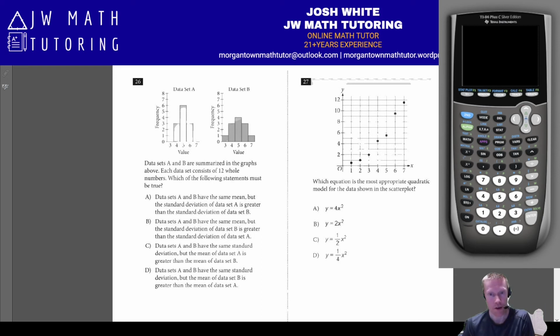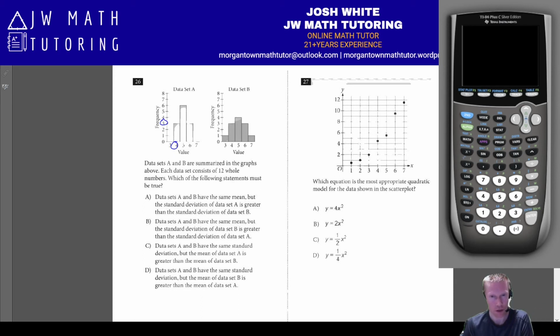So that's how I can tell that the mean will be equal to exactly 5 in both the one on the left and the one on the right, because they're uniformly distributed. However, if you weren't sure of that, you could technically go to the calculator and plug in, and you're just going to multiply the frequency of each times the value. So 3 times 4 plus 6 times 5 plus 3 times 6, and then add all those up and divide by the total number of values.